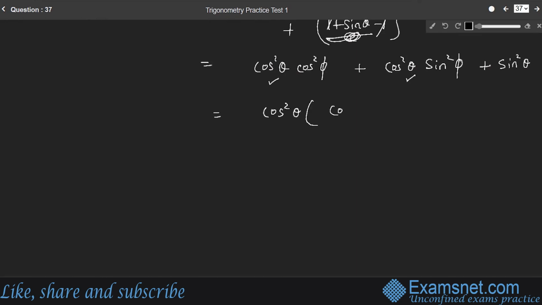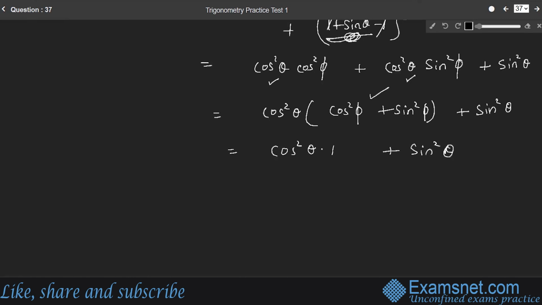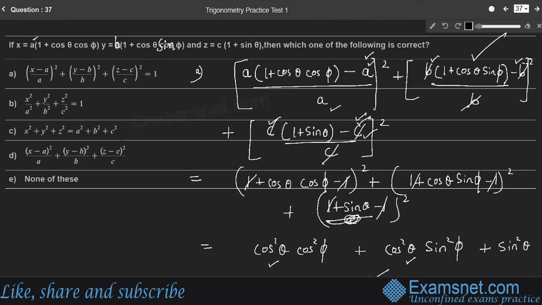The remaining terms are cos square pi plus sin square pi, and lastly we have sin square theta. So cos square pi plus sin square pi is 1. So cos square theta into 1 plus sin square theta. Again, cos square theta plus sin square theta is 1. Therefore, we have 1 as the final answer. So according to option A, the left hand side expression is equal to 1. Therefore, the first equation is correct. Option A is the right answer.